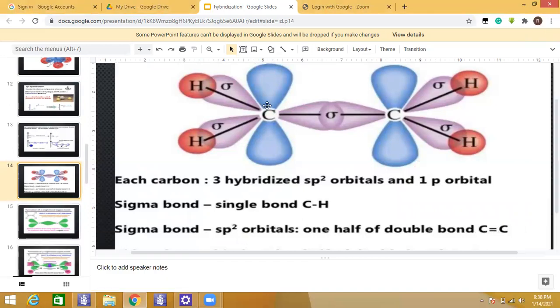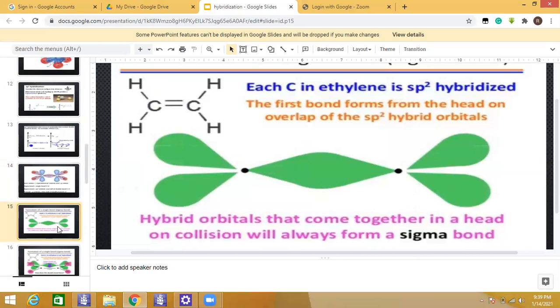Now this carbon is sp2 hybridized, and with this carbon one sigma bond is going to be formed with this, and one sigma bond between these carbon atoms. Here the same, they are sharing and making these three sp2 hybridized orbitals, but this remains unhybridized, and this will make these sidewise overlaps.